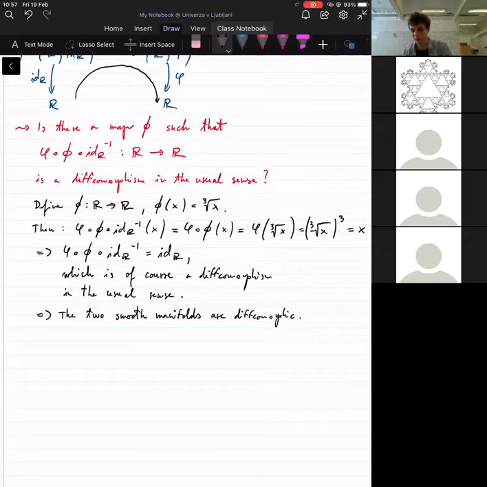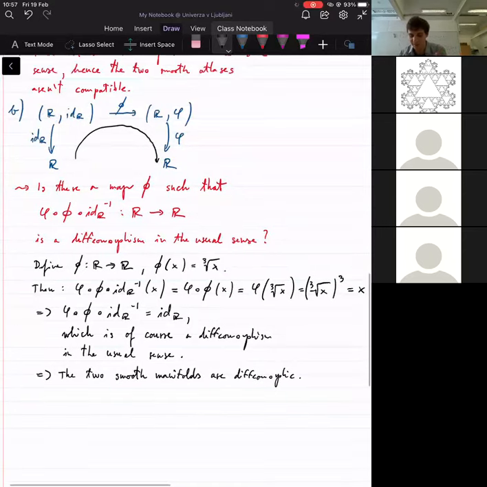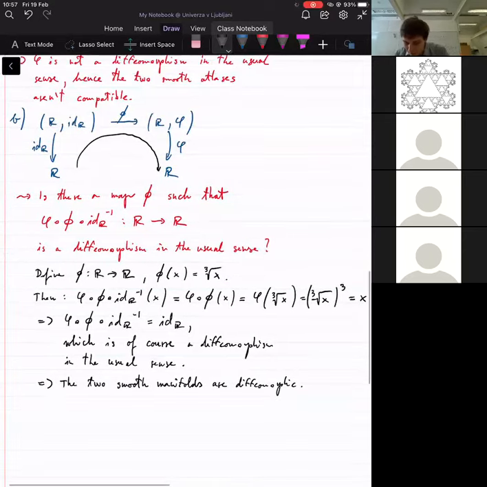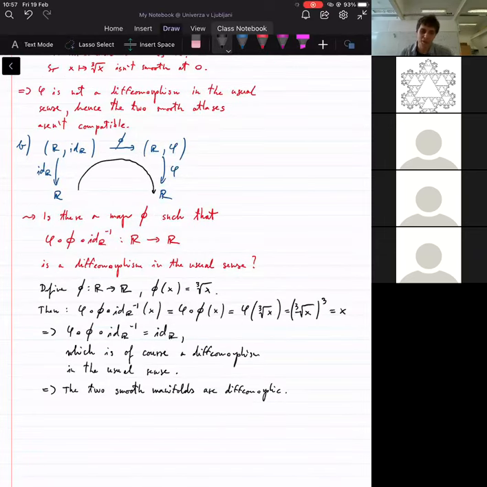So first of all, this may seem silly. It kind of is. Of course, just as in your favorite general topology class, you could endow the real line with the standard topology, or you could endow it with a weird topology such as the topology of finite complements.